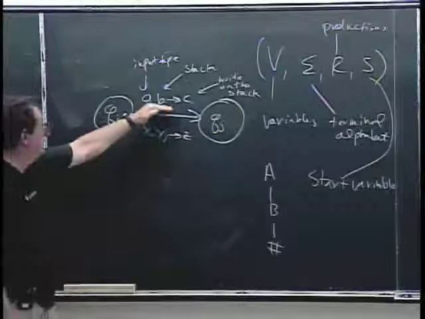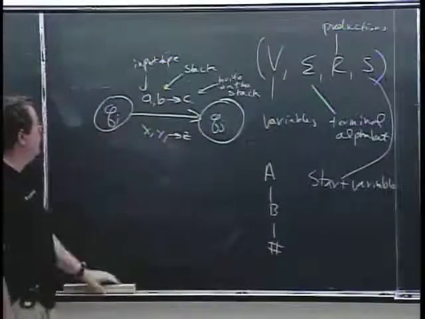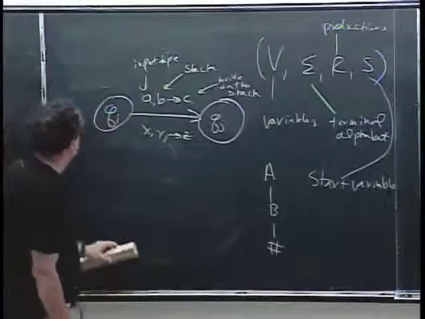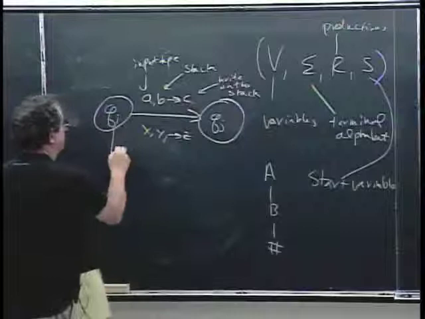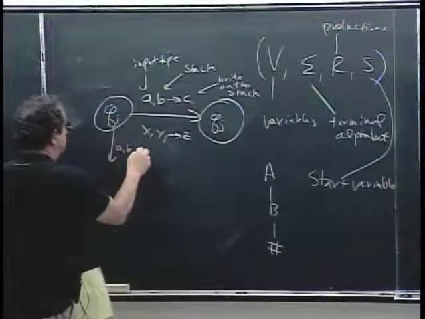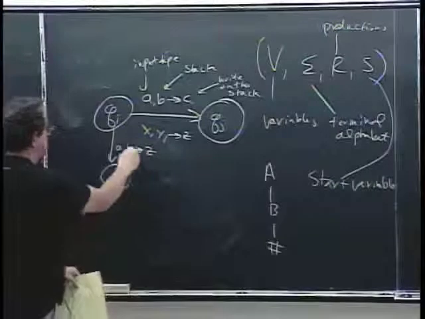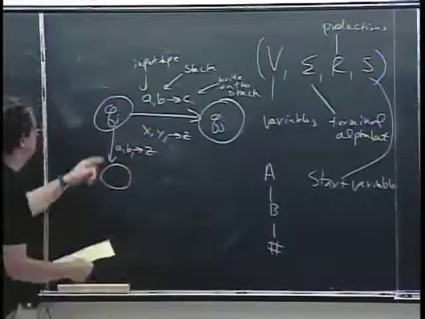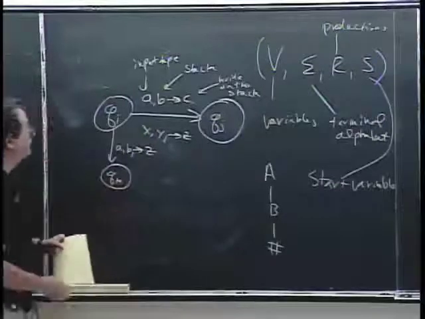Because that's a power set over there, you can have many. No, I'm sorry, that's not the reason. You can have many. You could have here A, B goes to Z. This is what's illustrating the power set idea and the non-determinism.